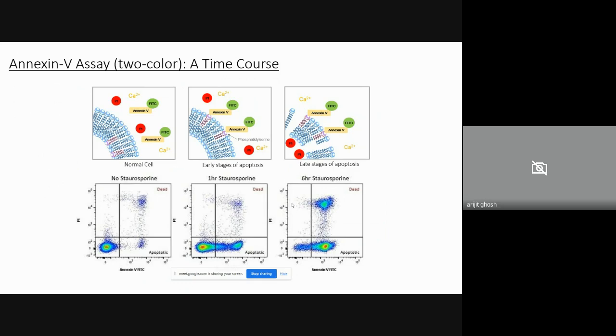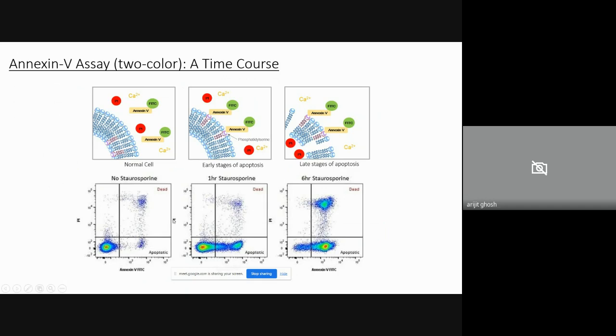When the cell is in the early apoptotic phase, there are no pores in the membrane. That is why PI cannot enter the cell, bind with the DNA and give fluorescence. That is why in early apoptosis you can see that only FITC, or only annexin 5, is there.